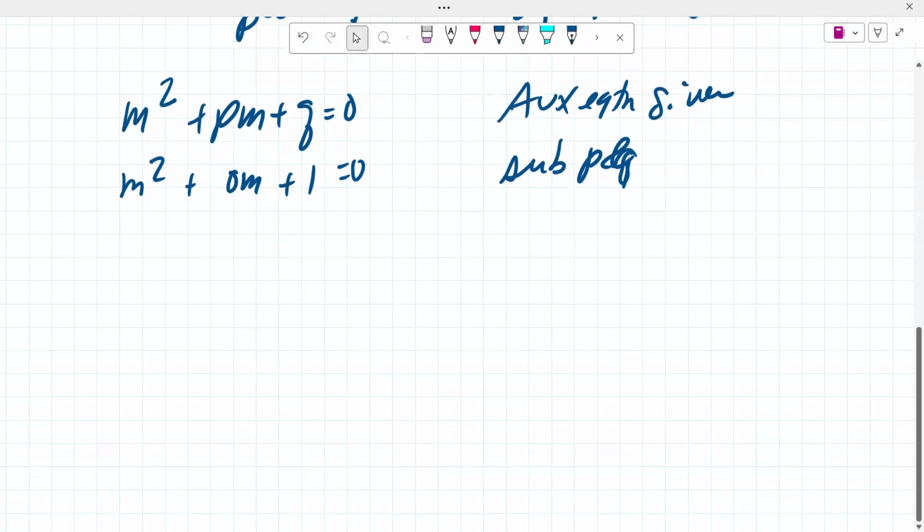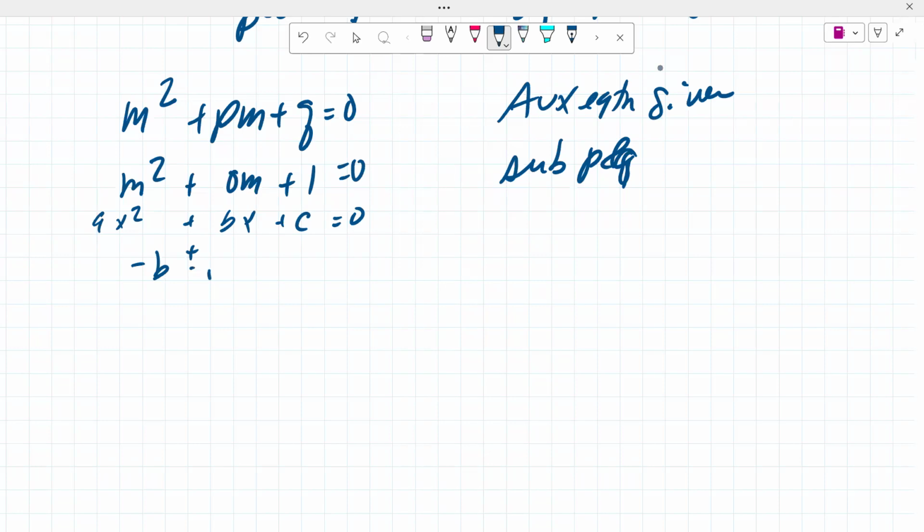Now basically this is going to be solved by using the quadratic equation. For ax squared plus bx plus c equals 0, x equals negative b plus or minus the root of b squared minus 4ac, all over 2a. This is our general quadratic equation.